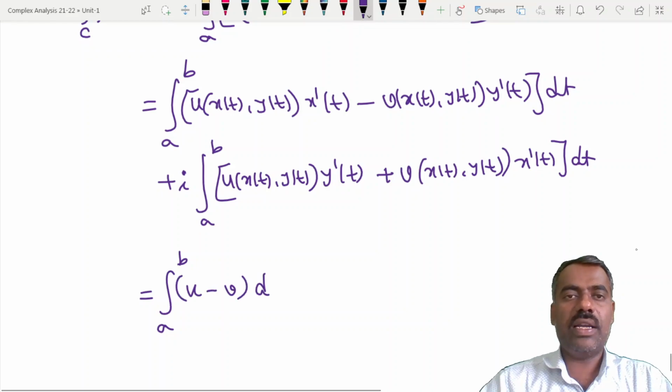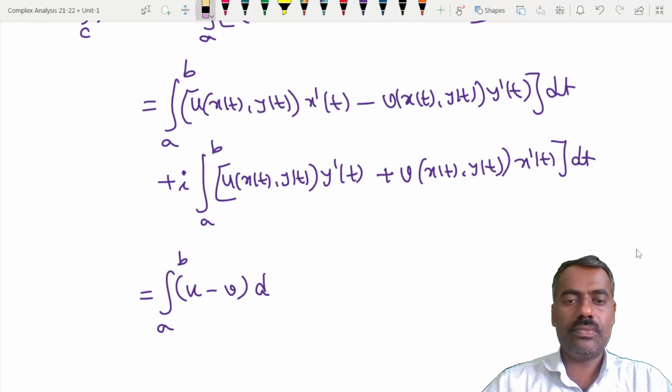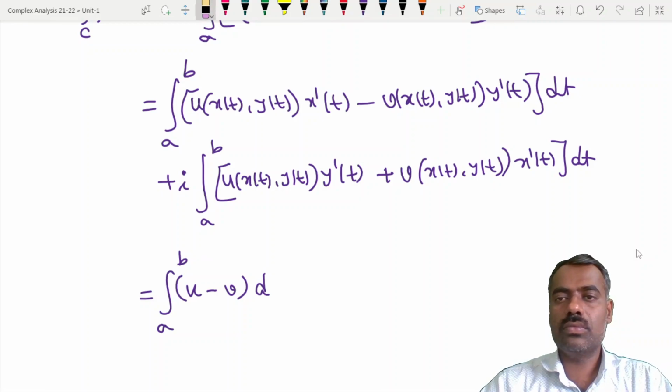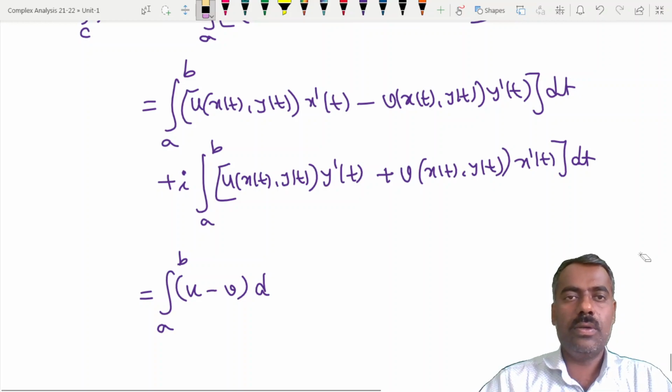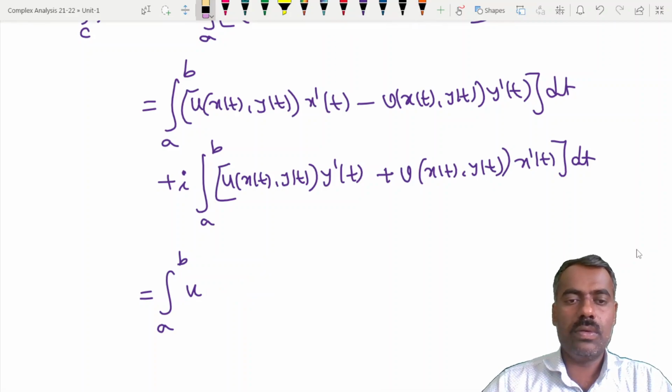Or if you want to write, this is x, y of t, x dash of t into dt is dx.